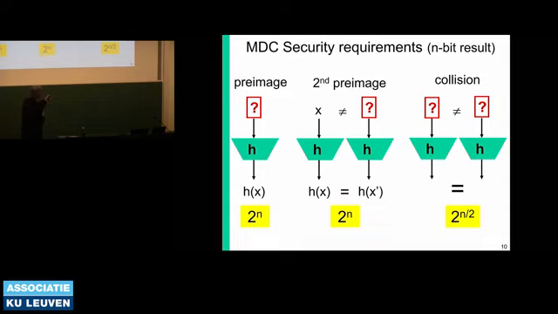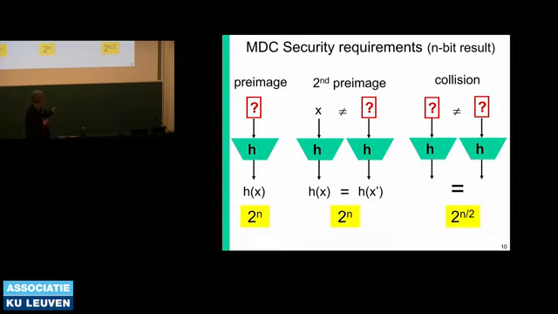Then the third setting is slightly different. Now I have complete freedom, and I have to find 2 different inputs with the same result. We call this a collision. And it turns out that you can do this in 2 to the n over 2, by the birthday paradox.